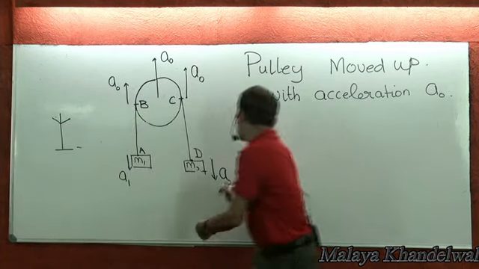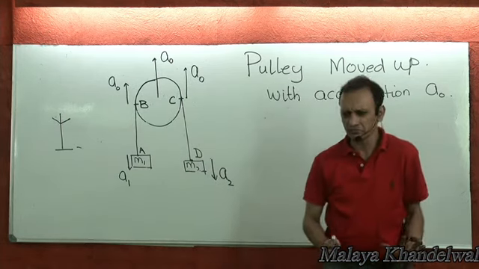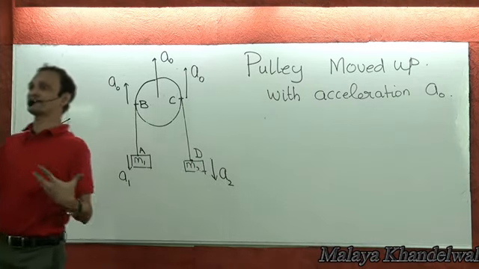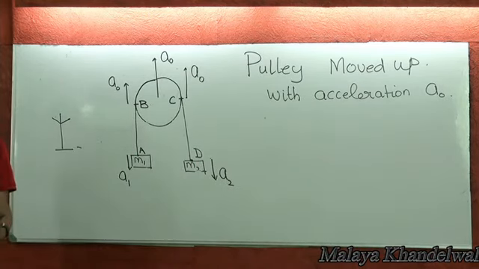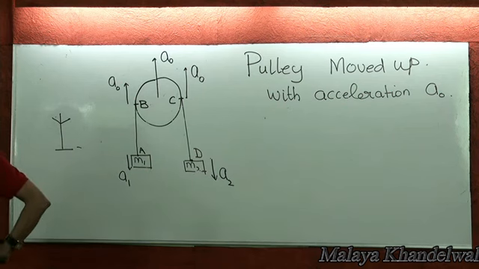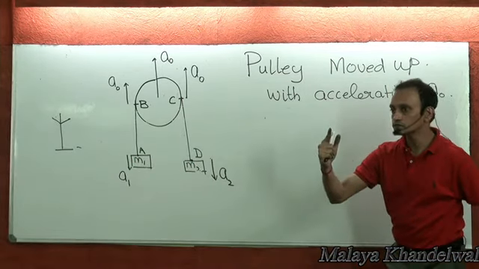And D, of course, I have made an arbitrary random choice, A2 downwards. It's all right. I should just be consistent while writing my constraint equation. In the direction of traversal, if I take a segment, then that segment has a final point and an initial point. All velocities or accelerations measured in the direction of traversal, positive. All velocities or accelerations measured opposite to the direction of traversal of the string would be negative. Right, Pratham? Yes or no?